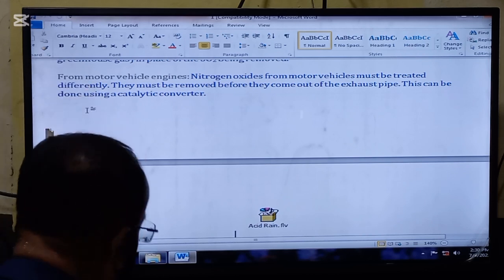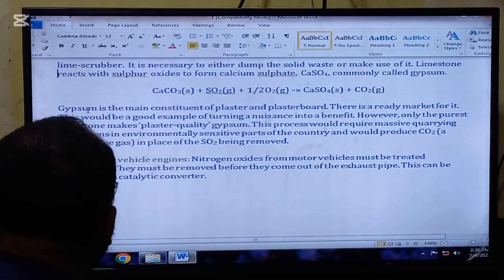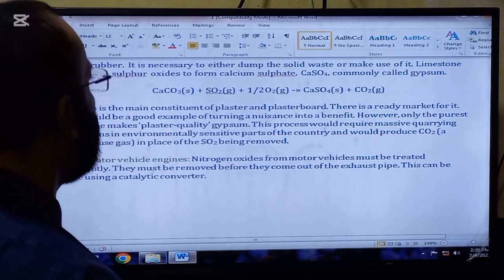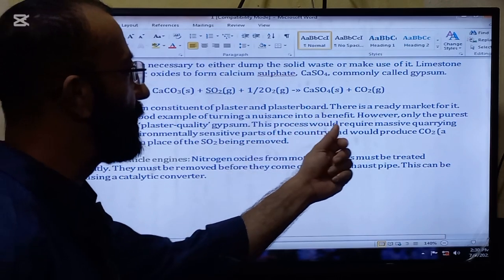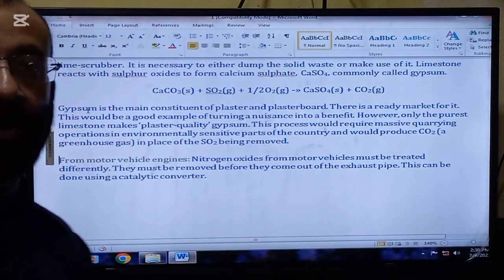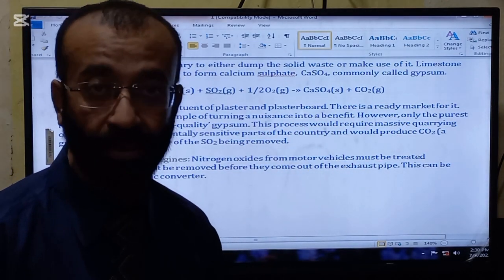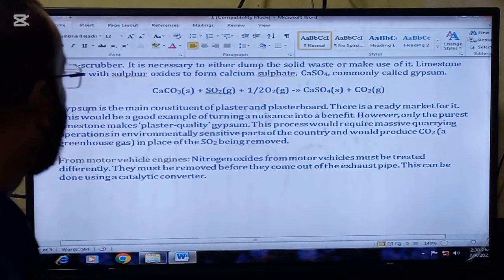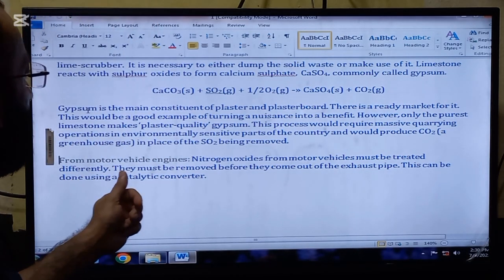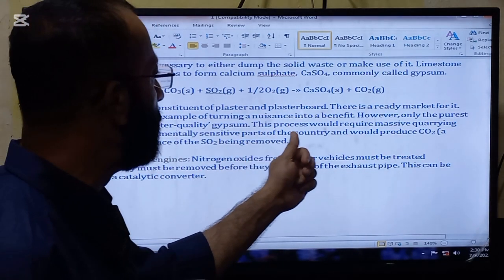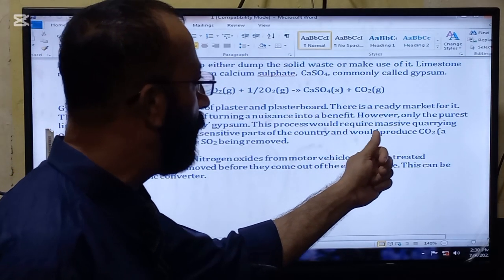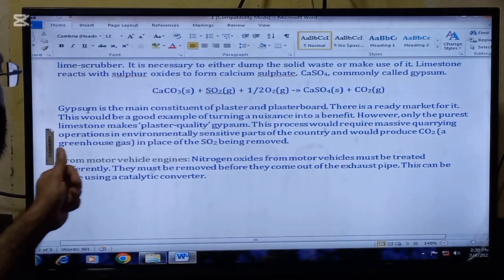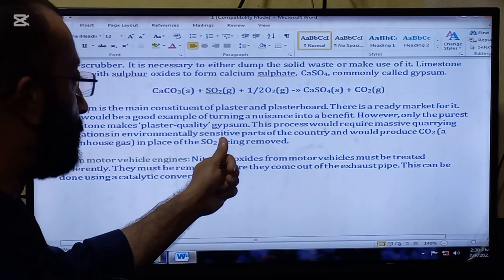Gypsum is the main constituent of plaster and plasterboard. There is a ready market for it, so waste products can be used in this way. This would be a good example of turning a nuisance into a benefit. However, only the purest limestone makes plaster quality gypsum.